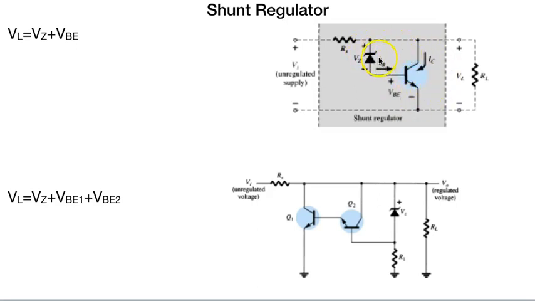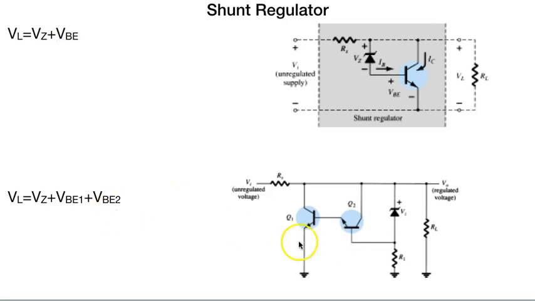Then reference, and what is the comparator in this? Sampling, reference, comparator, control element. Then VL is equal to, there won't be any potential sampler in this case, I think so. Shunt regulator VL is equal to Vz plus VBE.